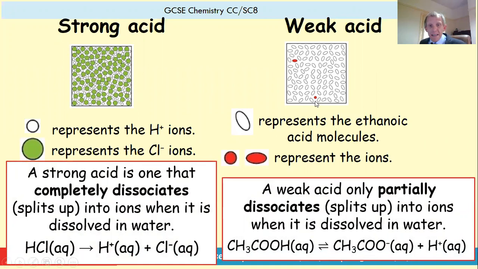So we end up with just one hydrogen ion here, one of these over here, and the rest of these are undissociated. So these are all complete ethanoic acid molecules, and that means because they're only able to donate one hydrogen ion, it's a very weak acid.